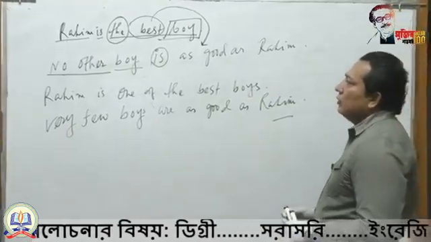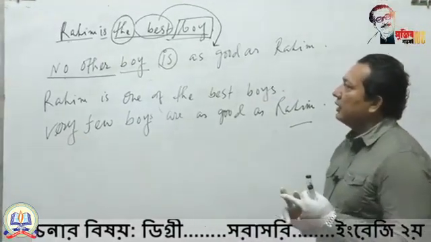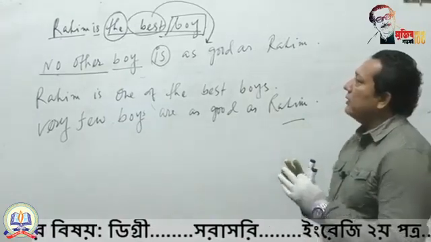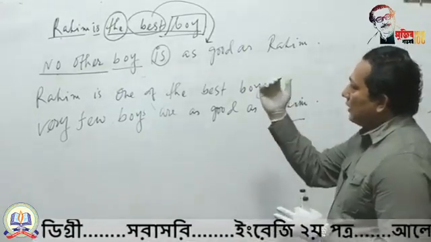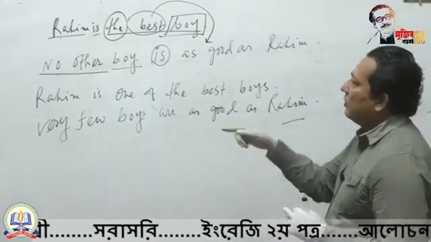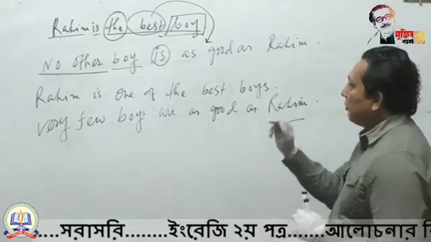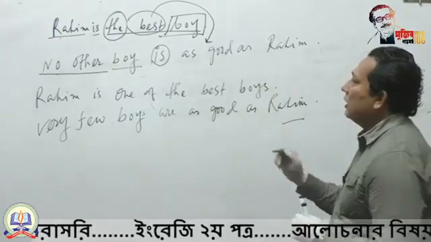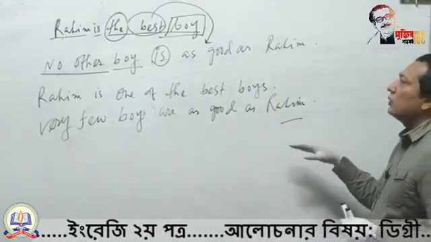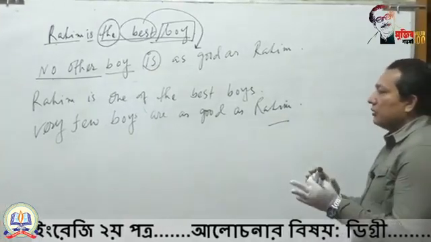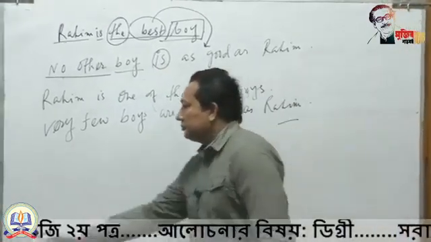That means you will find two types of superlative degree. It started with "the" and it started with "one of the". That means if you find the superlative form started with "the", you have to use "no other". And of course you have to use "very few" if you find the superlative form started with "one of the". In this way you can transform superlative to positive degree.